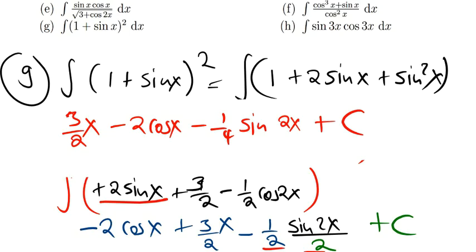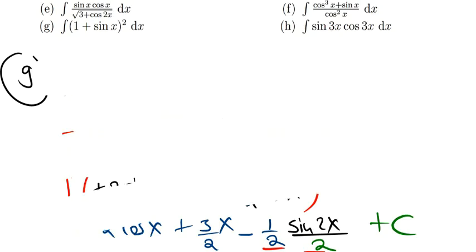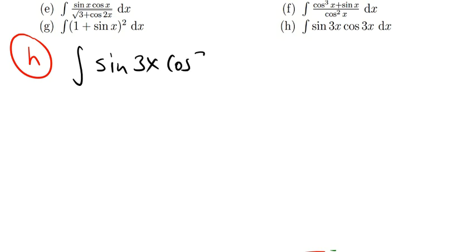Now we're finally on the last one for question 4. It's been a journey. I hope you've learned a lot. So for h, something deeply, heavily based on the identities. Determine the integral of sine of 3x cosine 3x dx.